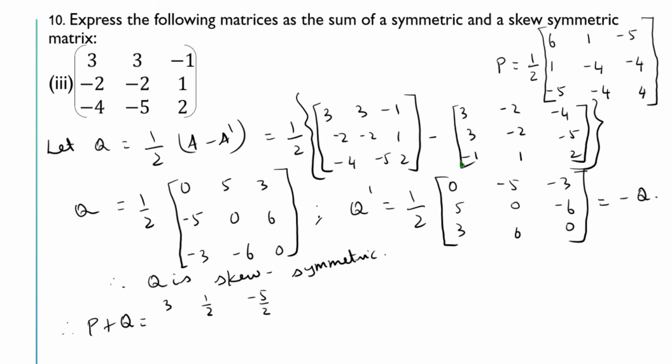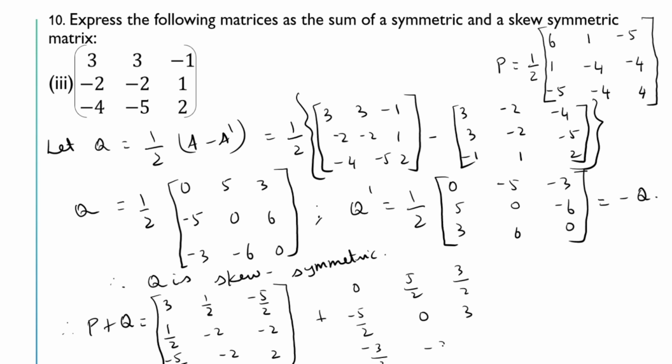I am writing P from here. 1 by 2, minus 2, minus 2, minus 5 by 2, minus 2, 2, plus Q is 0, 5 by 2, then 3 by 2, minus 5 by 2, 0, 3, minus 3 by 2, minus 3, 0.